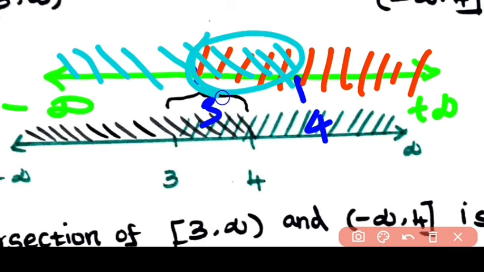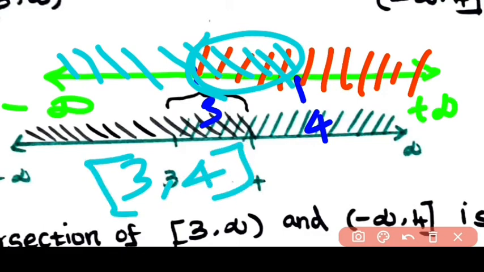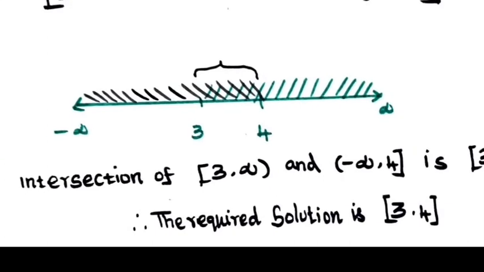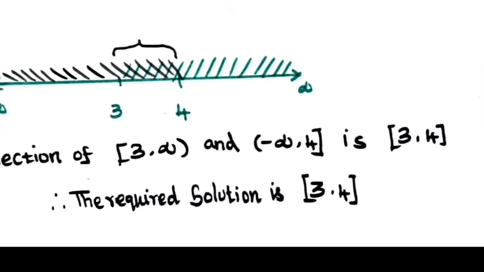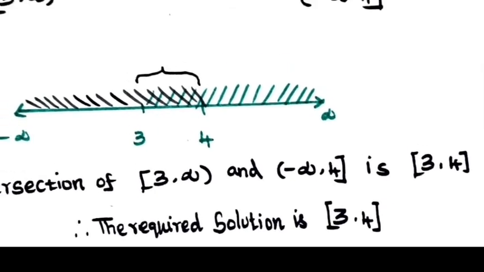This is the intersection point of the two solutions. The intersection of 3 to infinity and minus infinity to 4 is 3 comma 4. Therefore the required solution is 3 comma 4.